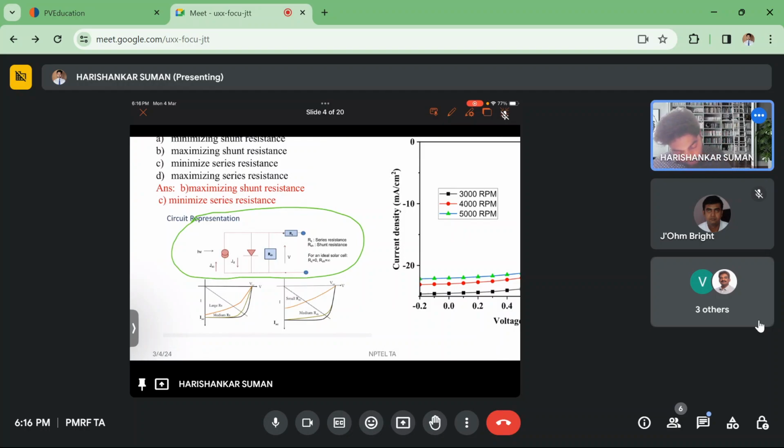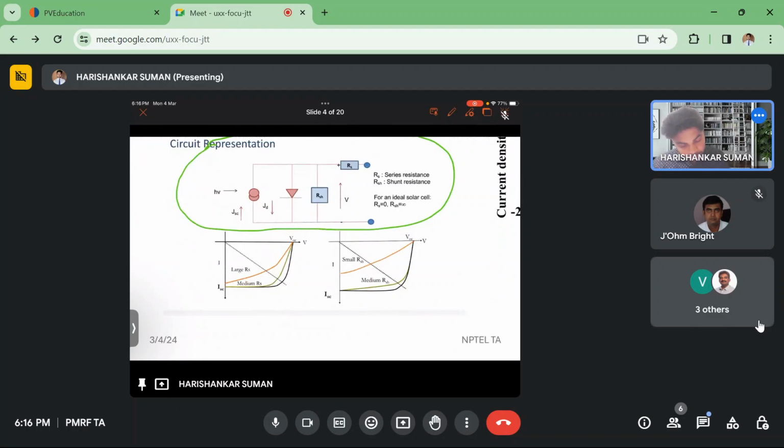You can see in the picture, shunt resistance is represented by RSH and series resistance by RS. Here series resistance RS is also mentioned.